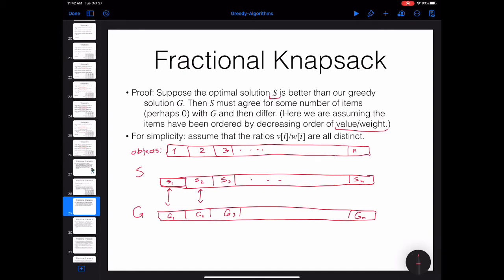So let's assume that the earliest difference between the optimal solution and the greedy solution happens somewhere, for example, at Sk and Gk. K can be 1, it can be N. It doesn't really matter. I just write it as Sk and Gk because I want to give you a general discussion.